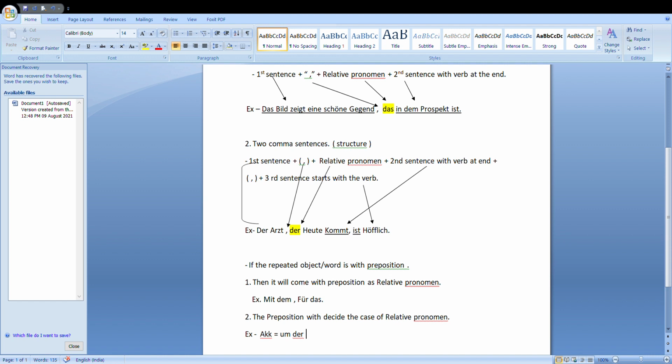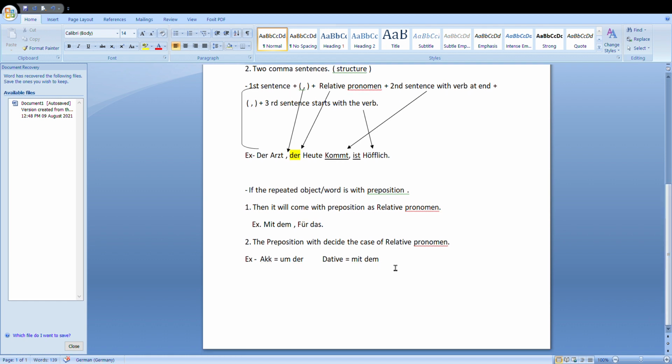But when we see this in dative, it becomes mit dem. So you can see the case of the relative pronomen depends on the preposition, whether it is accusative, dative, or nominative. When the preposition enters, the case of the relative pronomen changes with respect to it.